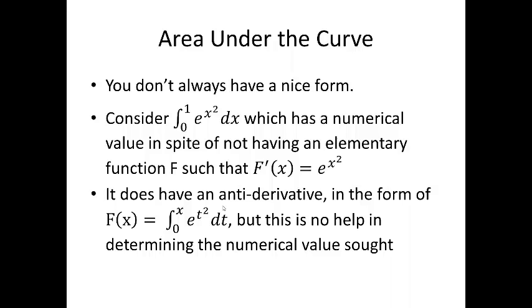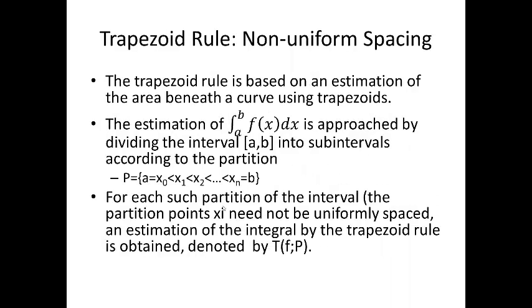It does have an antiderivative, but it's in the form of capital F of x is equal to the integral from 0 to x of e raised to the t squared dt, but this isn't very much help in determining the numerical value that we're after. It's not really a closed form, but let's look at how the trapezoid rule with non-uniform spacing works.